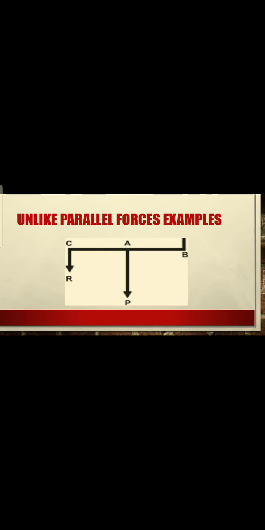Then we studied unlike parallel forces, whose lines of action are not the same, and these two forces act in the opposite direction. That's why they are known as unlike parallel forces. We discussed the examples of the apple suspended by a string and the seesaw.